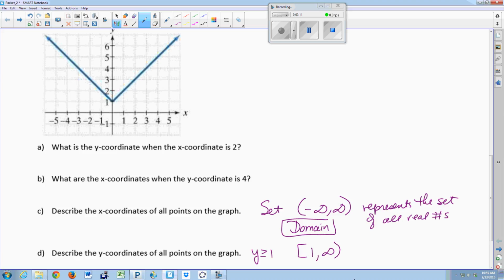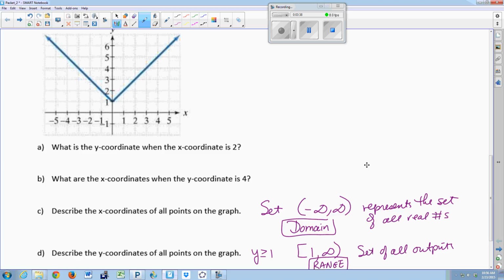So that represents the set of all real numbers starting at 1 and growing without bound. Okay, so you did a good job on that. So this is the set of all outputs. Okay, all outputs. We call this the range for this graph. It's the range.